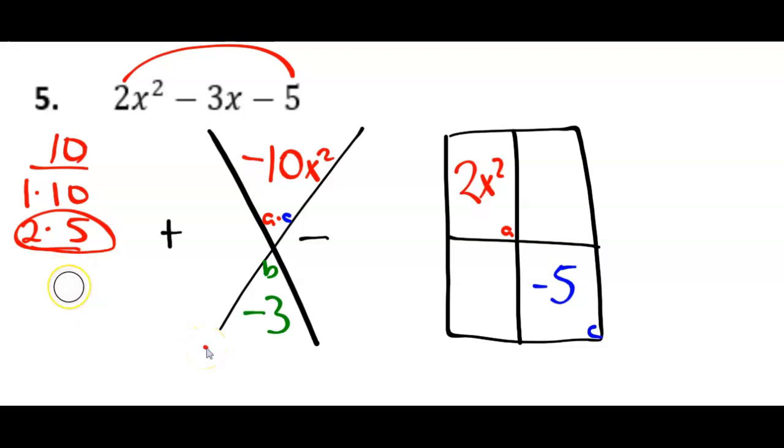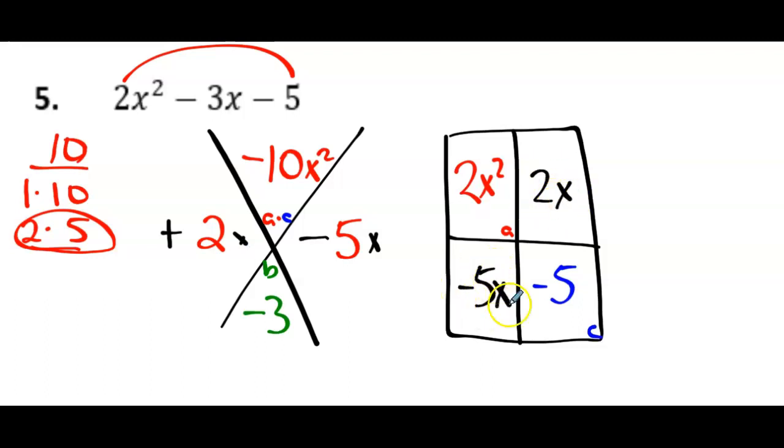And so here's where I mean that this needs to be a negative 5, and this needs to be a positive 2, because my sign is negative for my b, so the bigger number of my factors has to be negative. Okay? And I've got my x's on there. Sorry about that. So I put my 2x up here and my negative 5x down here.